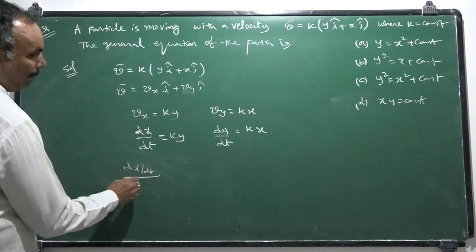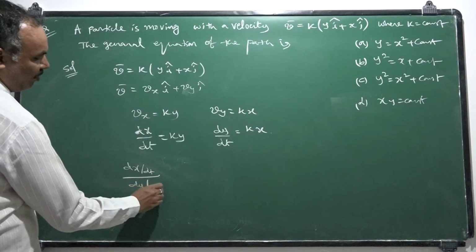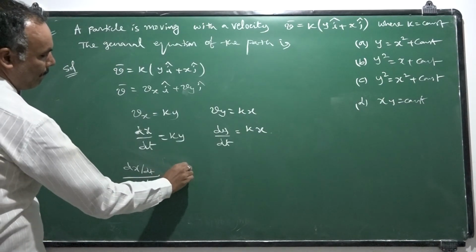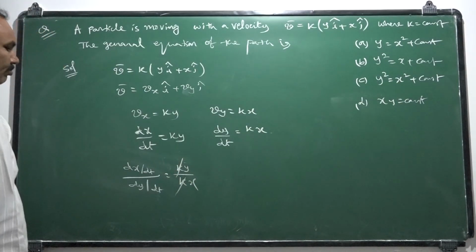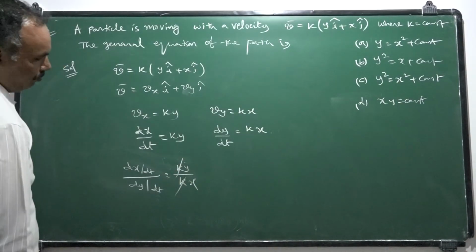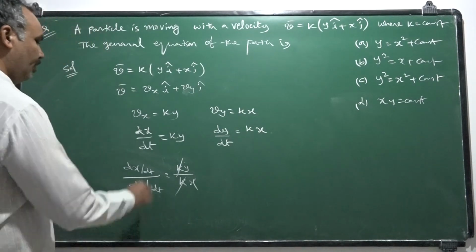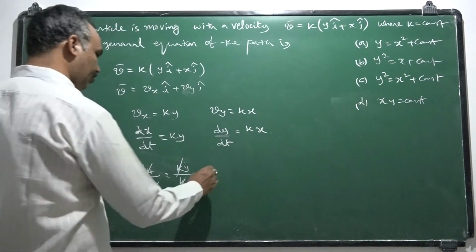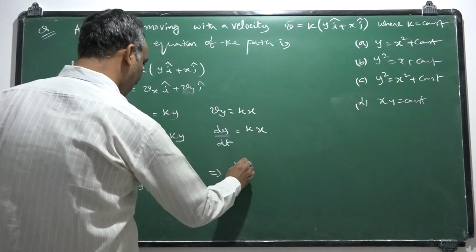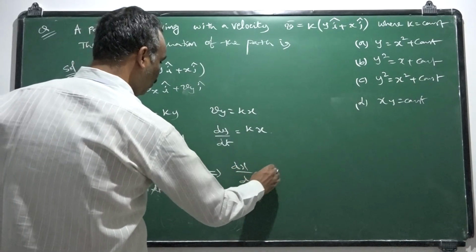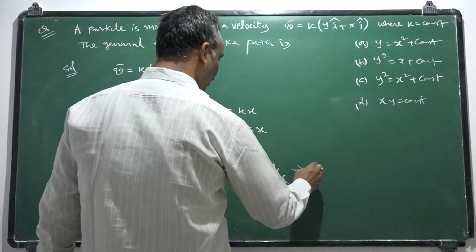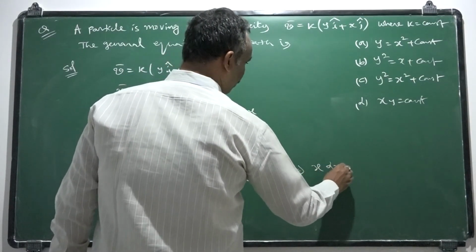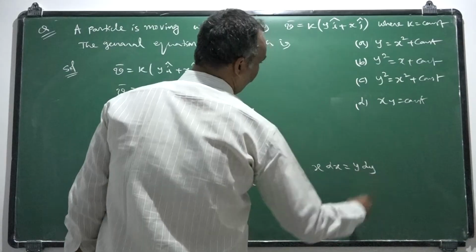Dx by dt by dy by dt, that is equal to ky by kx. K gets cancelled. So dt gets cancelled, which implies dx by dy is equal to y by x. That implies x dx is equal to y dy.